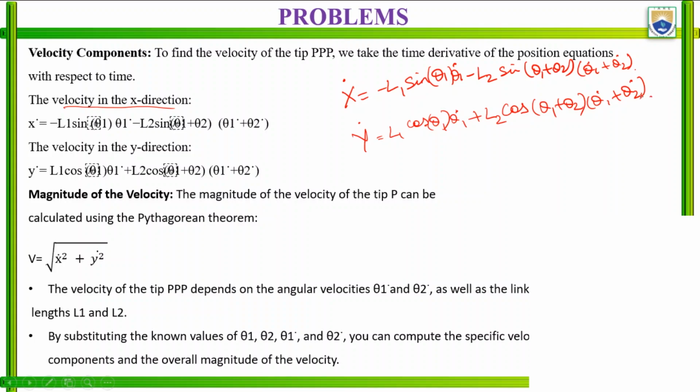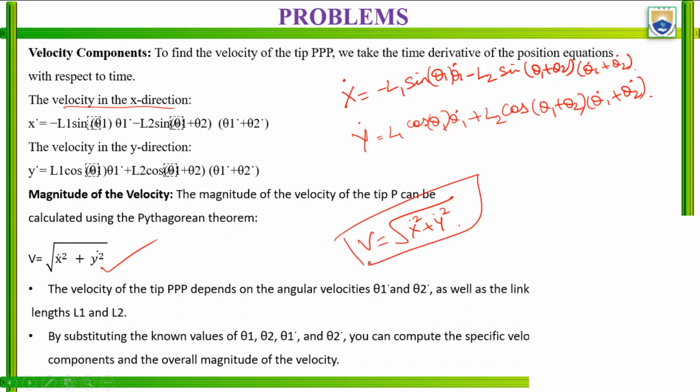So this is how we write x dot and y dot for the velocity components. The magnitude of the velocity at the tip P can be calculated as v equals the square root of x dot squared plus y dot squared.